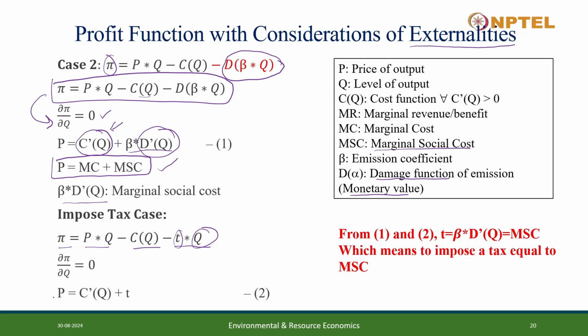If you differentiate, we get P equals C dash Q plus T. So from equation 1 and equation 2 we get the level of T, that is beta times D dash Q, which is equal to marginal social cost. This means that the tax should be equal to the marginal social cost. Is it clear?